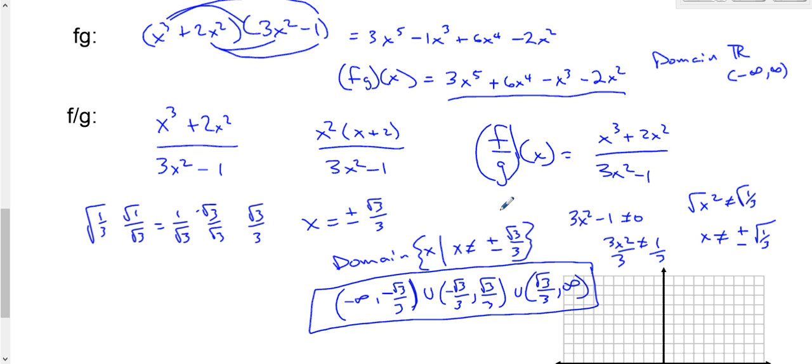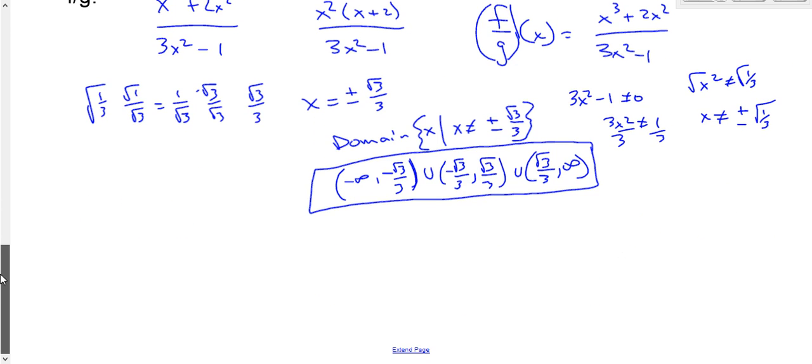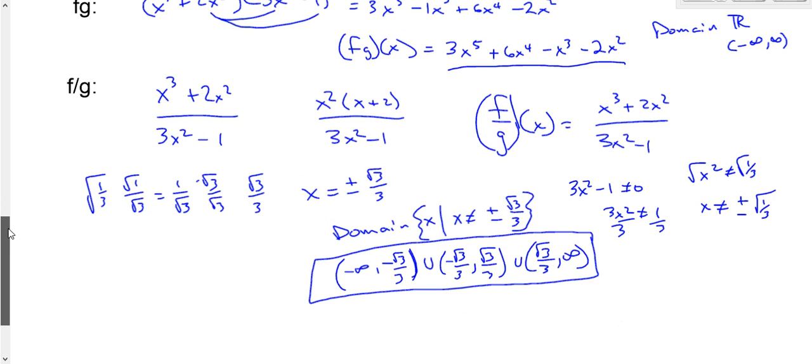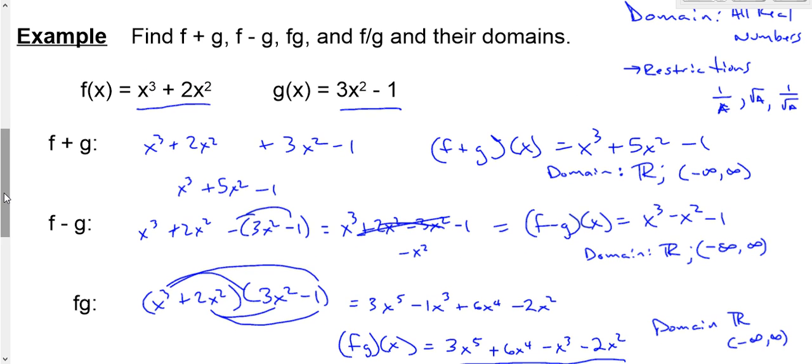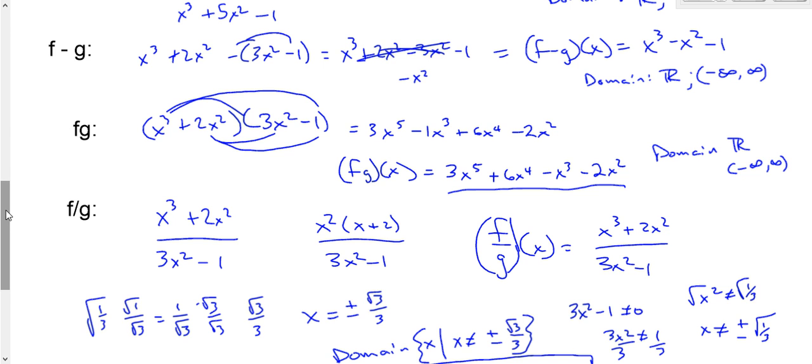Kind of crazy, but when you have multiple numbers that you cannot equal, you're going to have multiple unions of the domain. I do not need to graph this, so I don't need that graph that was sitting there, but I just needed to add, subtract, multiply, and divide, and then express the domains.